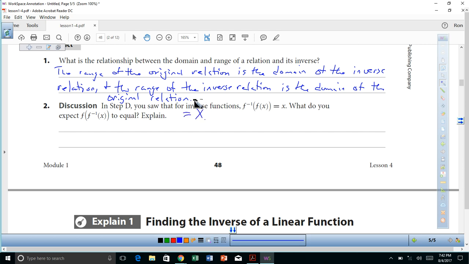The inverse of f of x maps the output of f of x back to its input.